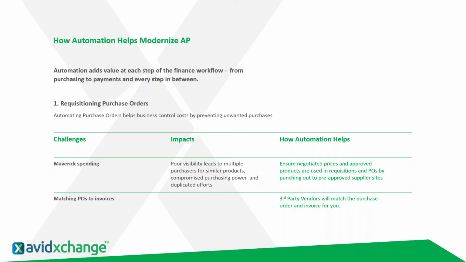You have more control when you have an approval process for all of those purchases. The other big one is matching POs to invoices. When an invoice comes in and references a purchase order, why go through the manual process of taking that purchase order, searching it out in your ERP, and making the match?